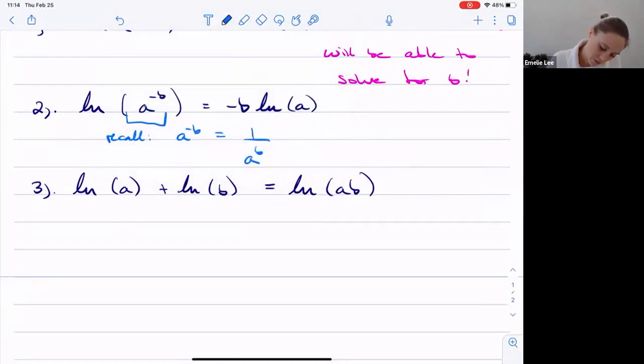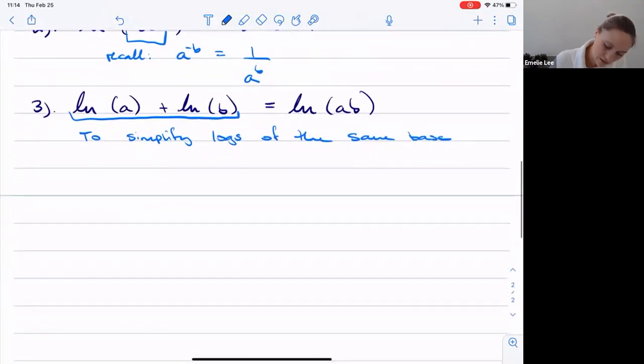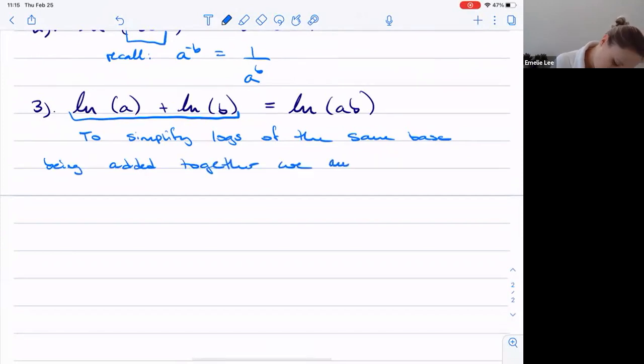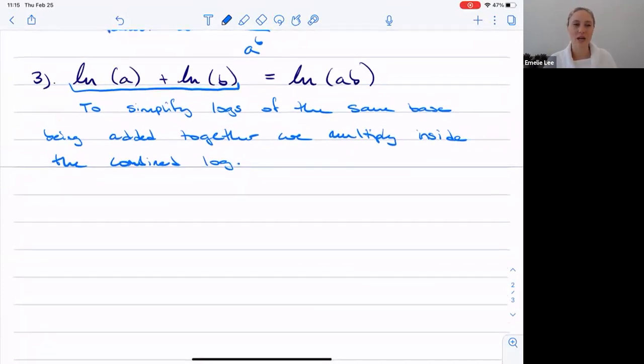What we're saying here is, to simplify logs of the same base being added together, we multiply inside the combined log. That's pretty interesting, right?